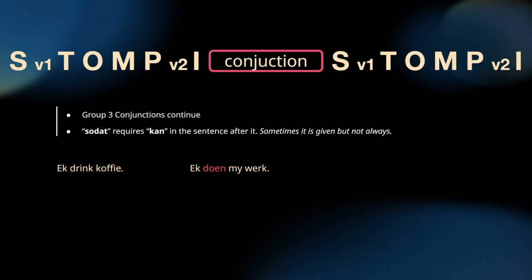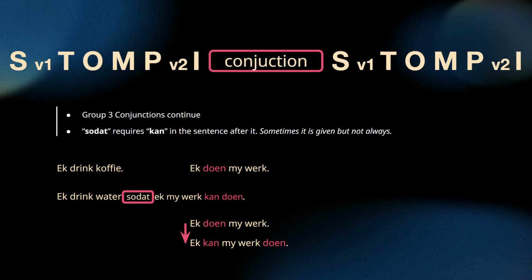We're going to try and join these two sentences with sodat, so that. I drink coffee so that I do my work, but logically it's going to require that can, so that I can do my work. Ek drink water sodat, being my group 3 conjunction, but I've already inserted the kan into that sentence, and there's a couple of steps that went into getting there.